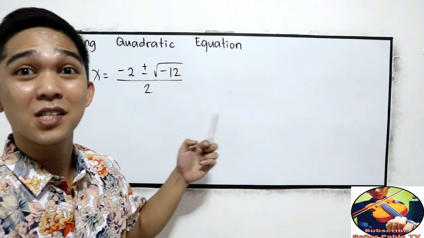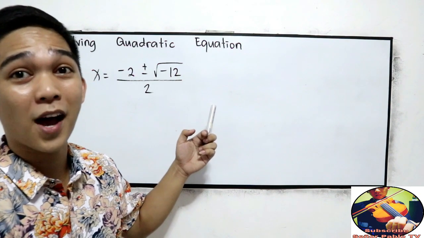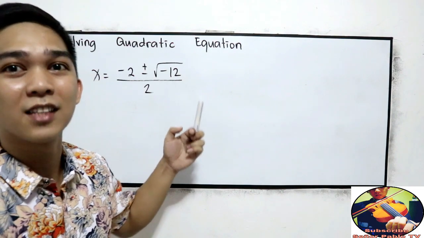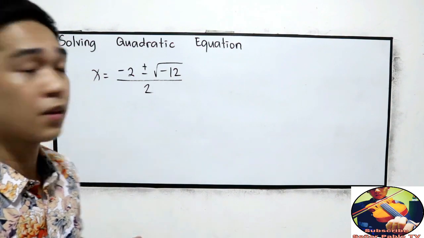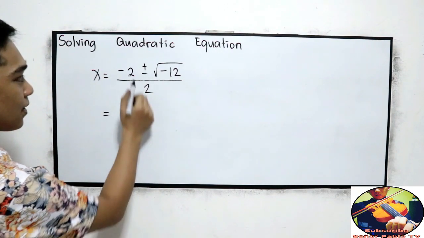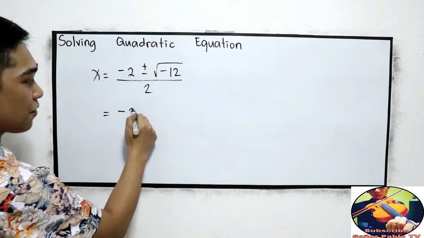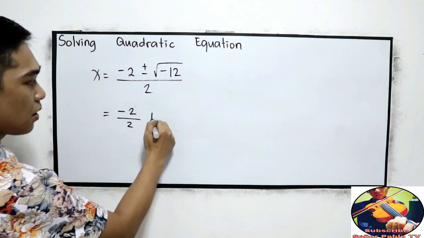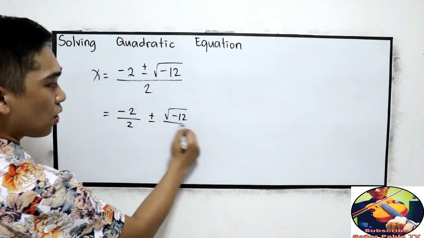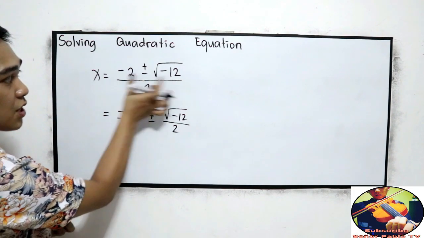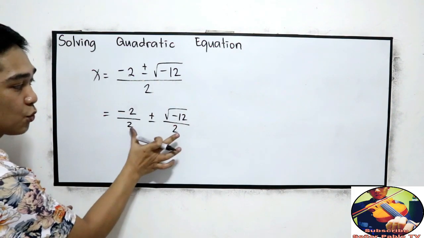But let us try to simplify. We know that this can be written as -2 all over 2 plus minus square root of -12 all over 2. We need to separate, but we have 2 as the denominator.